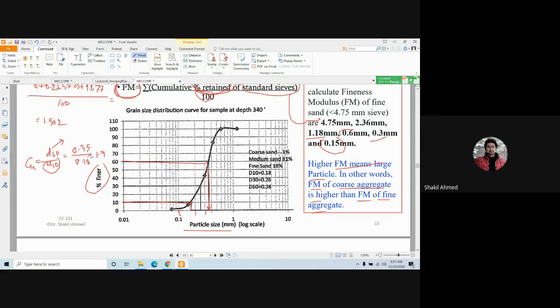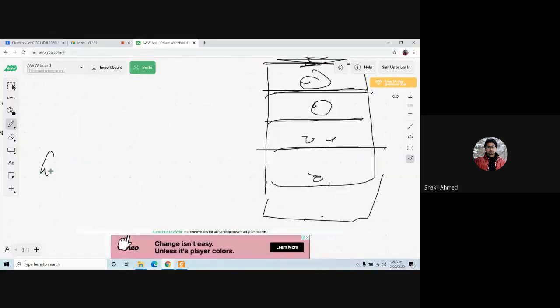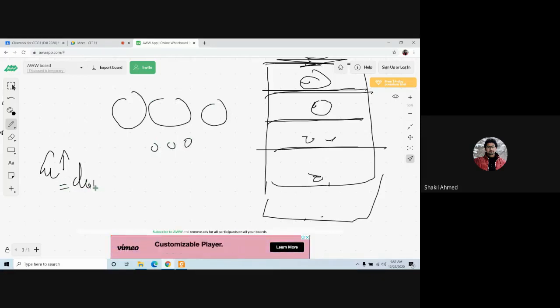Whatever it is. So you see, if this value is higher, that means you have a large difference between the 60% finer particle and the 10% finer particle. That means if Cu is higher, you have very large particles and very small particles, because Cu is D60 by D10.